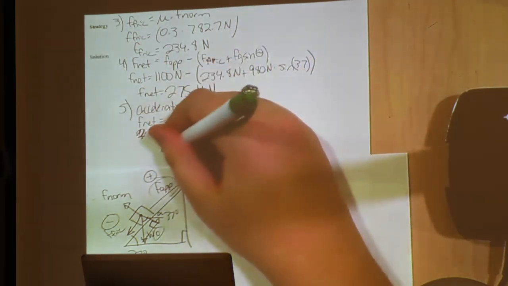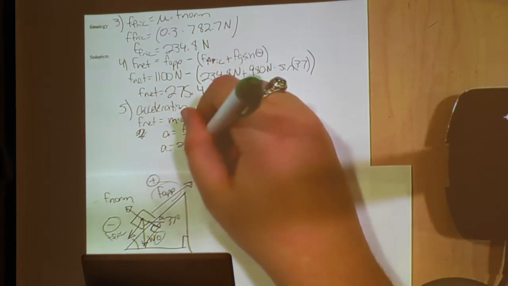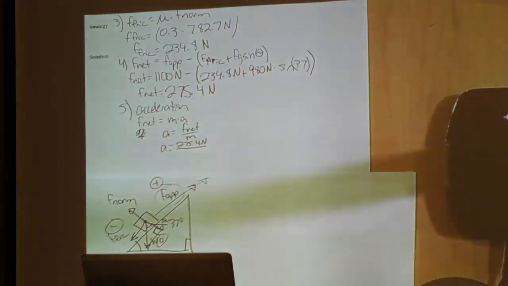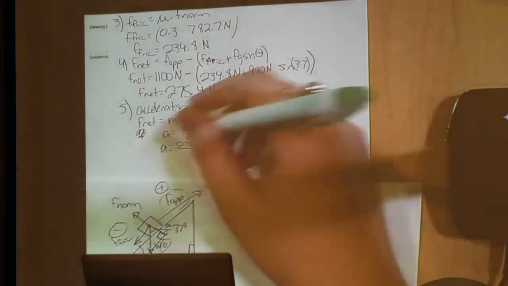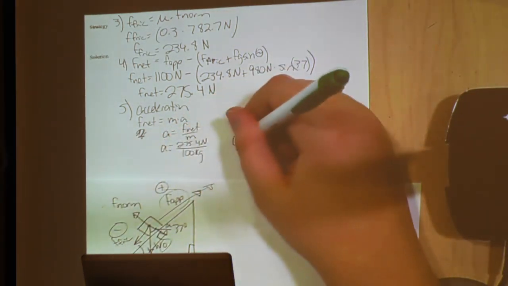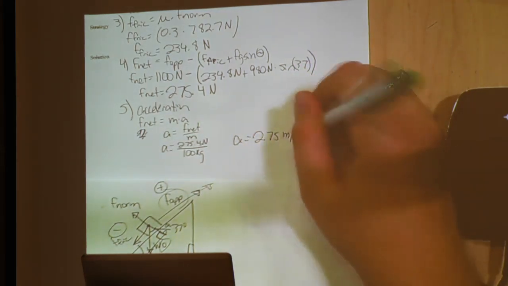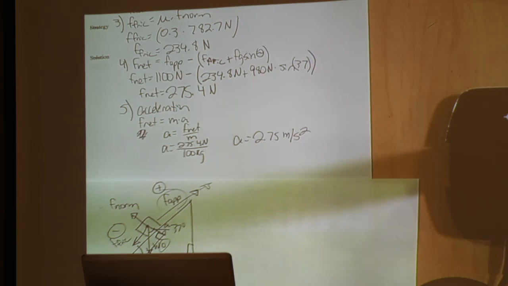So a equals F net, which we calculated to be 275.4 newtons, over the mass, which was 100 kilograms. So you should get an acceleration of about 2.75 meters per second squared. Any questions? No? Cool. All right.